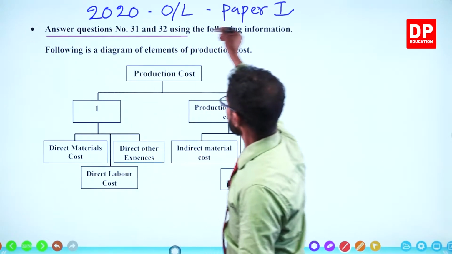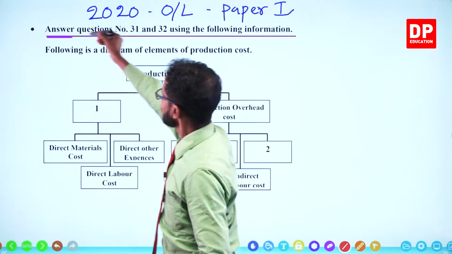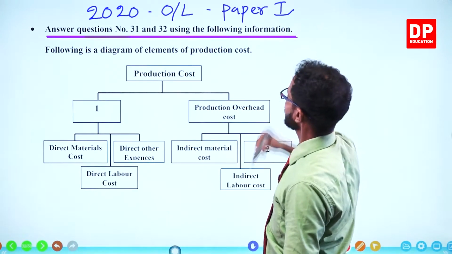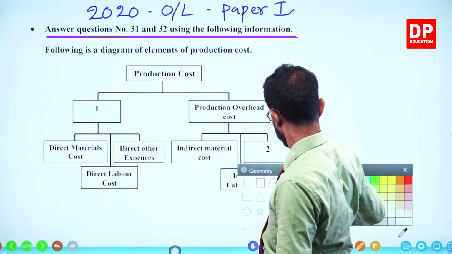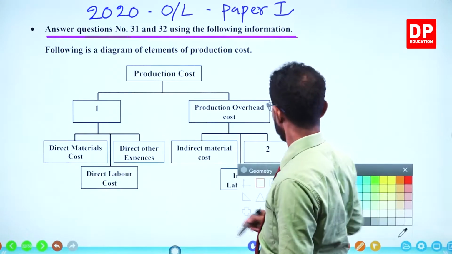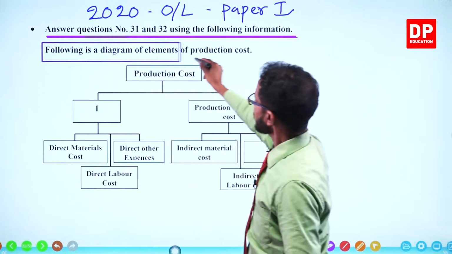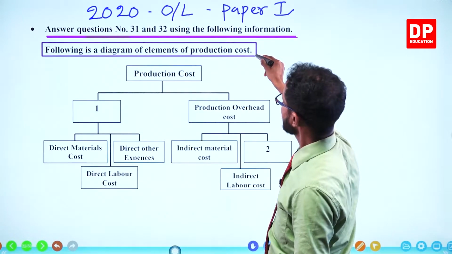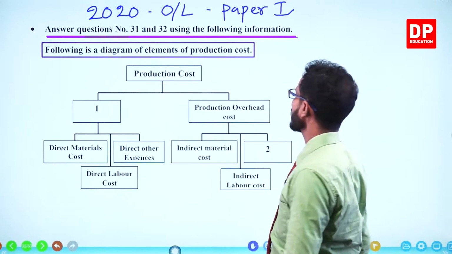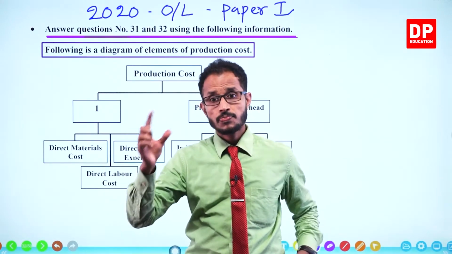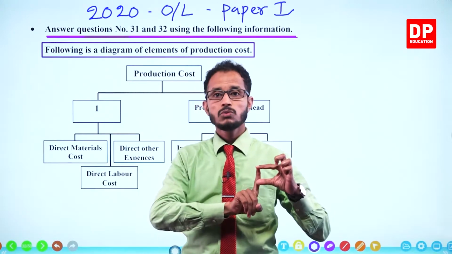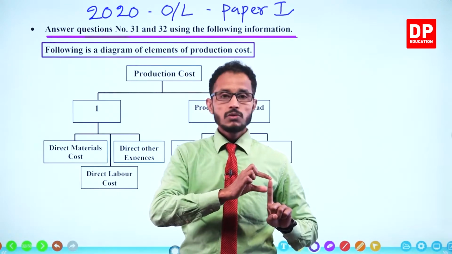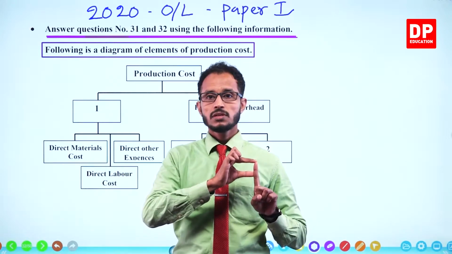Here we have some information. The diagram shows the elements of production cost.